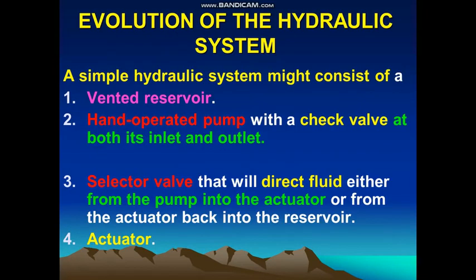Evaluation of hydraulic system. A simple hydraulic system might consist of a vented reservoir, a hand-operated pump with a check valve at both its inlet and outlet, a selector valve that will direct flow either from the pump into the actuator or from the actuator back into the reservoir, and an actuator.